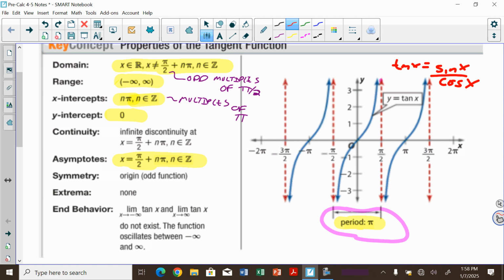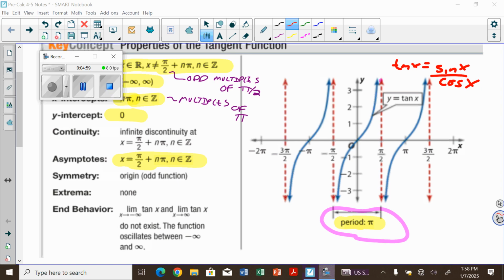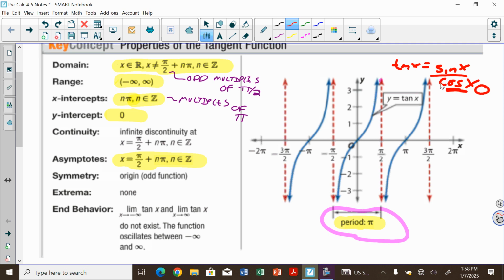So when we know that cosine is 0, we know it's undefined. If cosine here was 0, we would be undefined. So where are the values in which cosine is 0? Well, that would be right here, here, and here. So that's why we can't have a value there, okay?